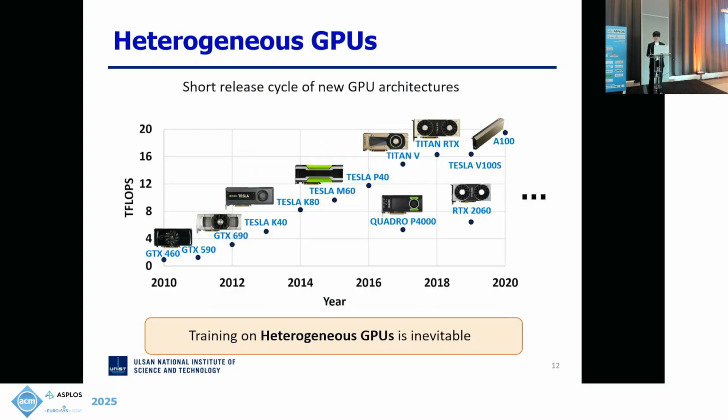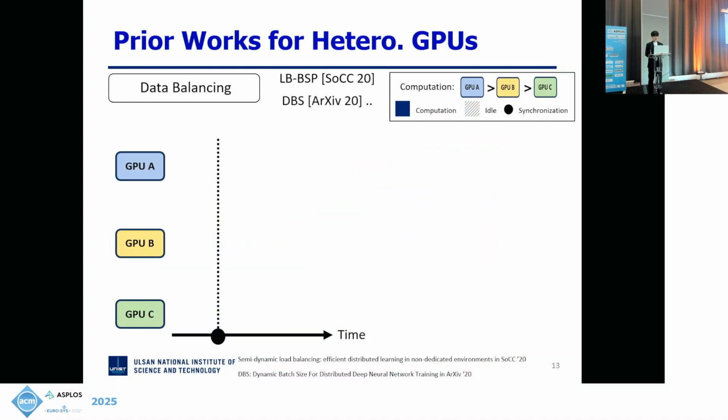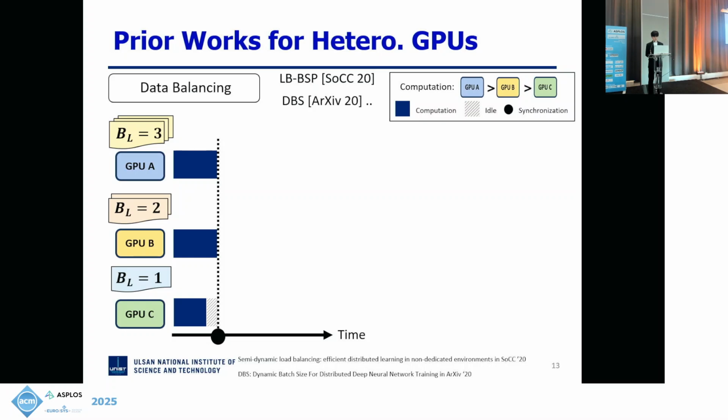Recently, with the success of AI, GPU has been developed rapidly. Therefore, training on heterogeneous GPUs is inevitable. To utilize heterogeneous GPUs, prior studies perform data balancing by distributing local batch size differently according to the computational power of GPUs.